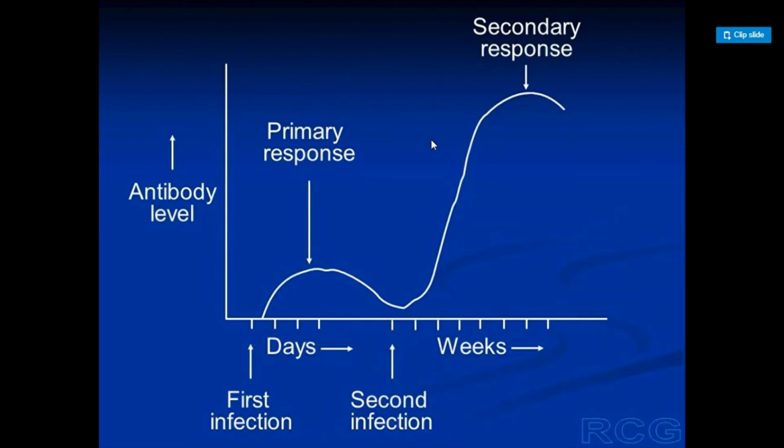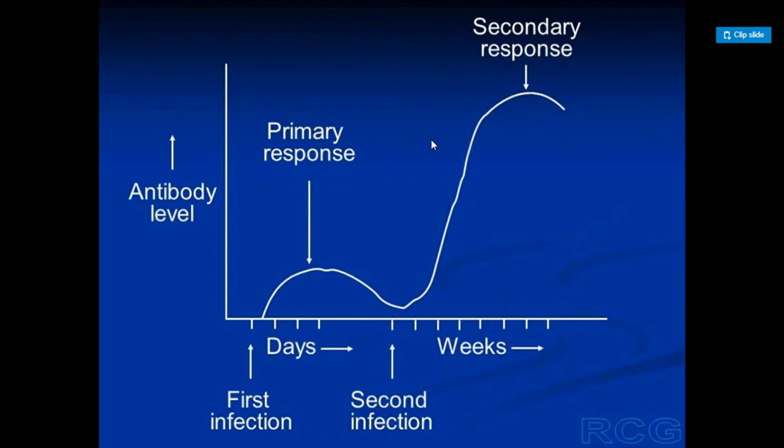Here with the graph, we can see the antibody levels increasing. In the primary response, we can see that the antibody level is not increasing that much. After the second exposure to the same infection, there is a secondary response which is very strong.